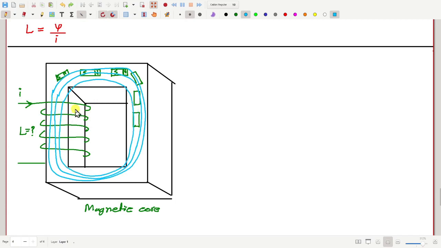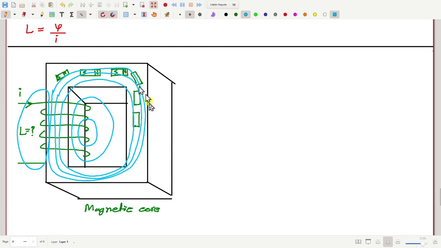There will also be some magnetic field lines which go outside the core. Definitely there will be some, but inside the core the strength of the magnetic field will be much more, because inside the core these tiny magnets get aligned and their fields are superimposed with the original field.